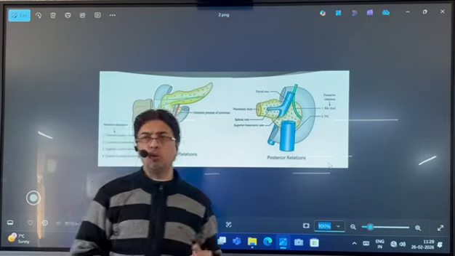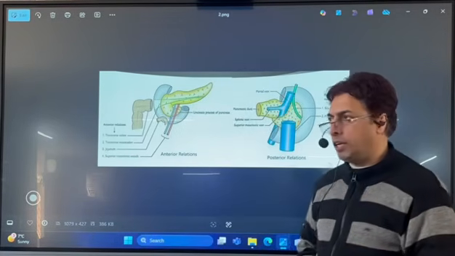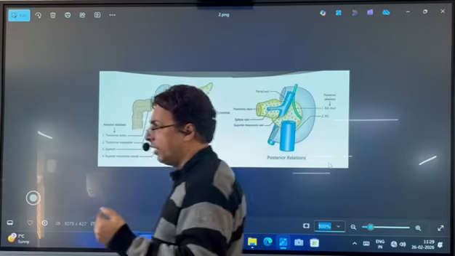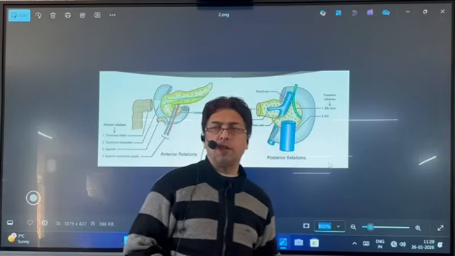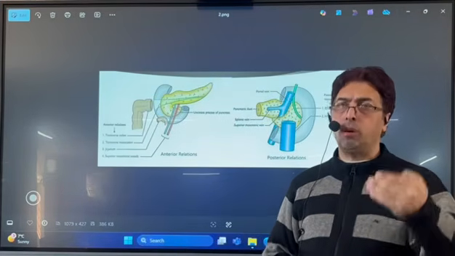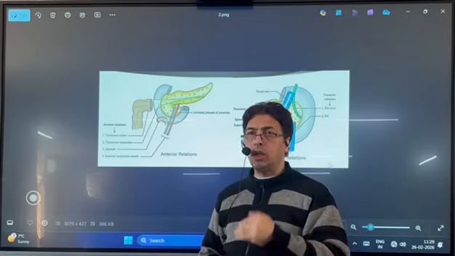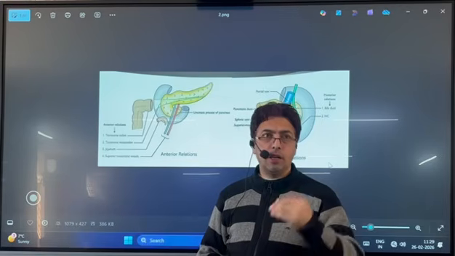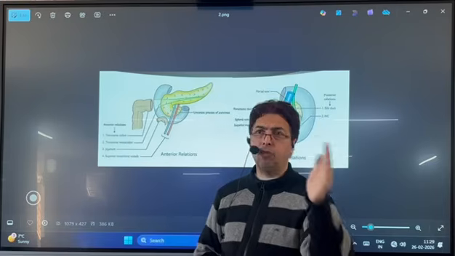Then once we move towards the left side, we again have the anterior surface and the posterior surface. The anterior surface of the pancreas again lies in relation to the peritoneum covering the lesser sac. Now, what lies posterior to the body of the pancreas? Because after head and neck, we have the body.